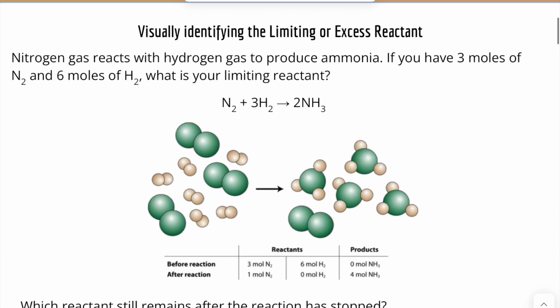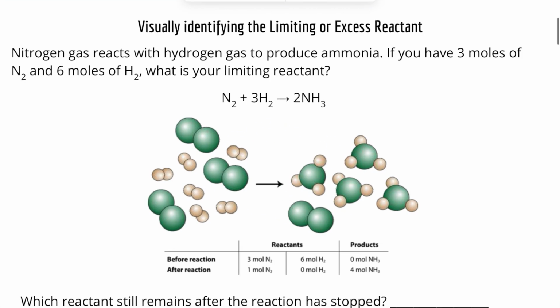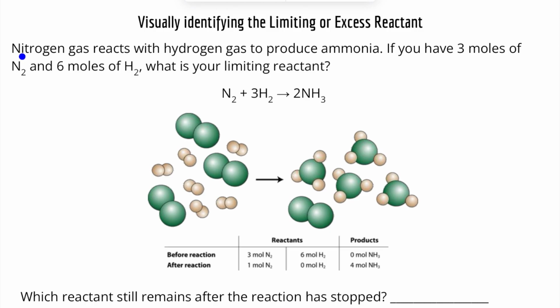If we start to look at this in terms of a chemistry example, here we have some pictures of those different molecules for this reaction. So nitrogen gas reacts with hydrogen gas to produce ammonia. So this is our reaction here. My nitrogen gas is one of my reactants. My hydrogen gas is also one of my reactants. Ammonia is our product.